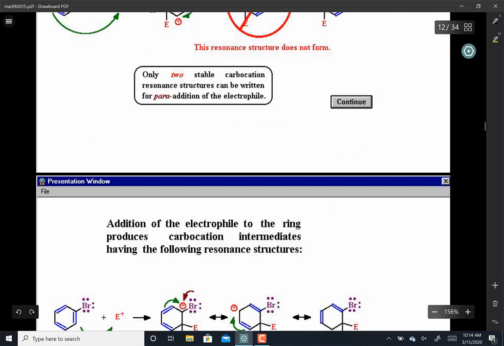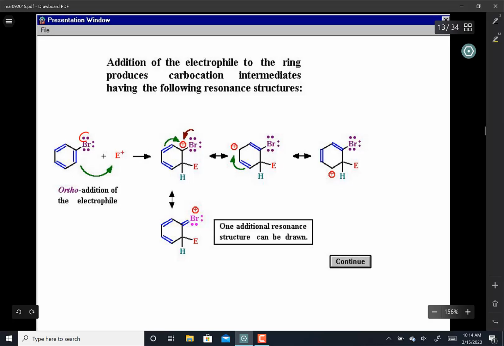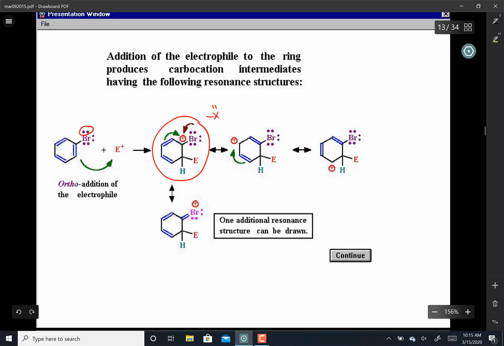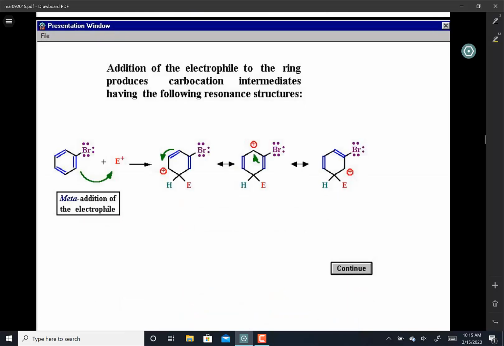Okay. And then, of course, just to complete this, the halogens, even though they deactivate by induction, have these lone pairs, and they can go ahead and donate that lone pair to the carbocation when we add ortho or para to form that fourth resonance structure. And so while they're deactivating, they look like an X group with a lone pair on it. Okay. All right. And then again, adding to the meta position only gives you 3 carbocation resonance structures.